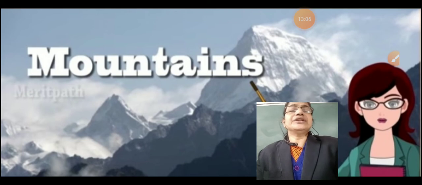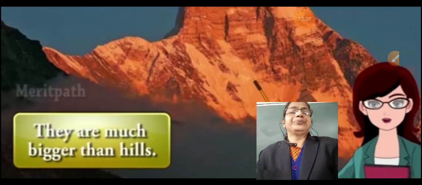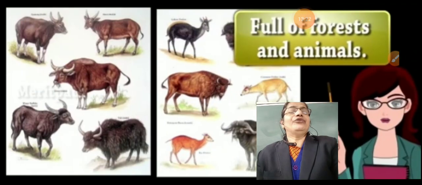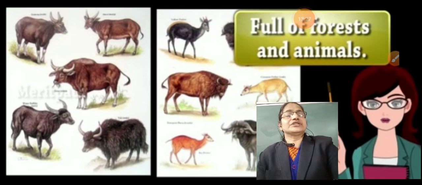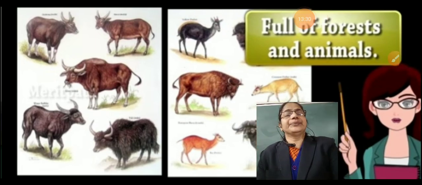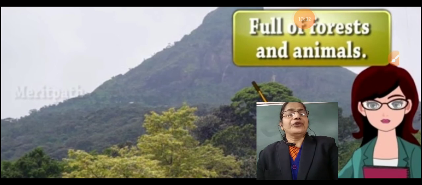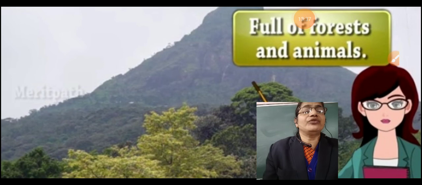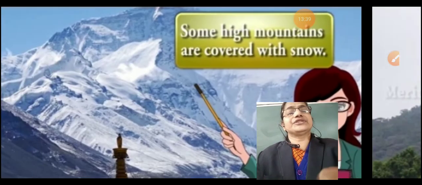Now next one is mountains. They are much bigger than hills. Mountains are rocky, full of forest, trees and animals. You can see here the mountains are covered with forest.